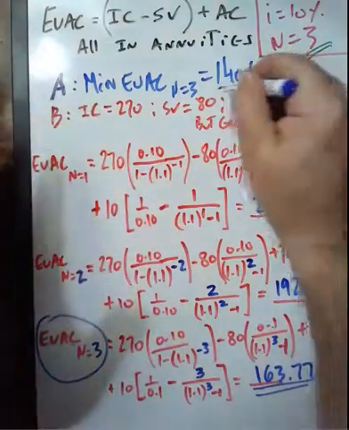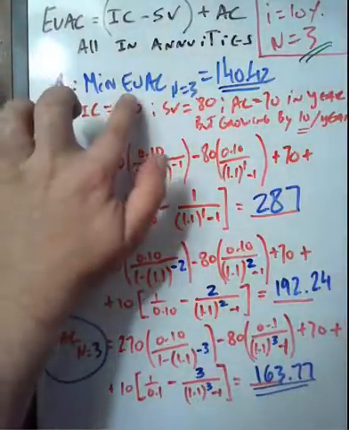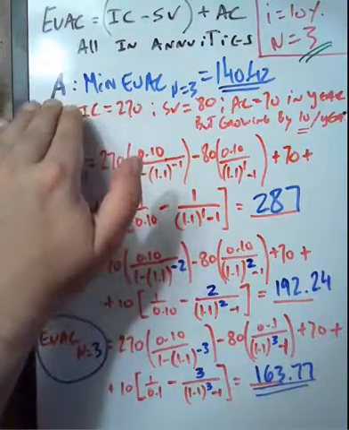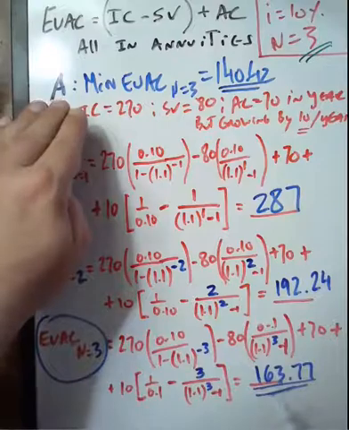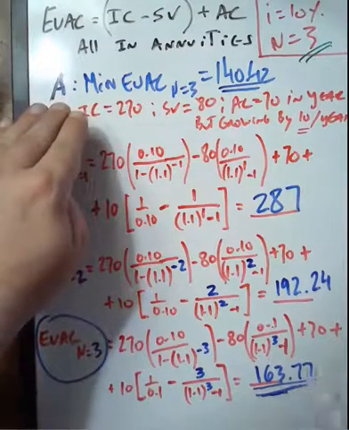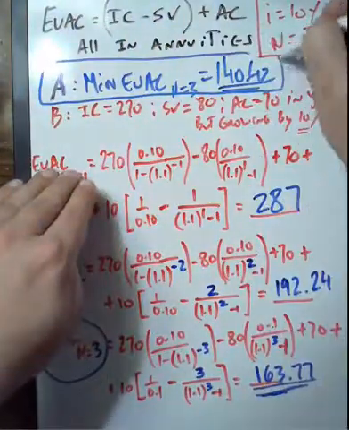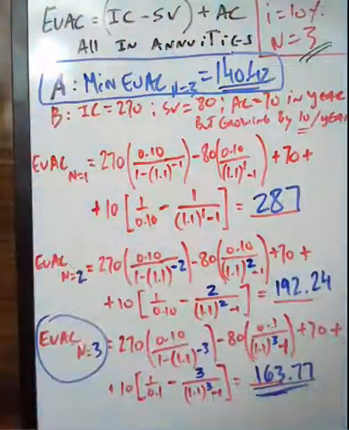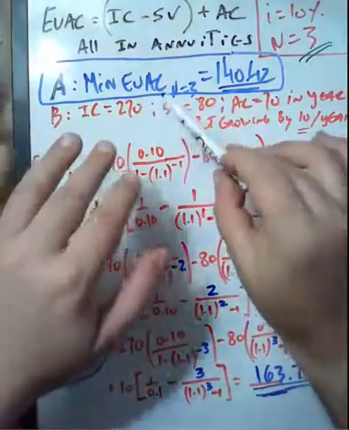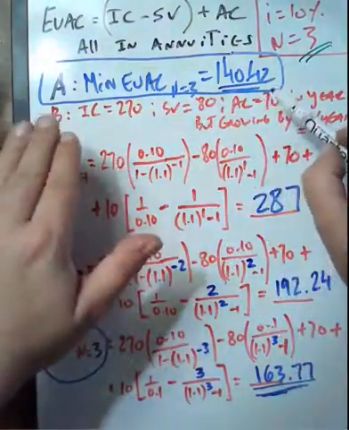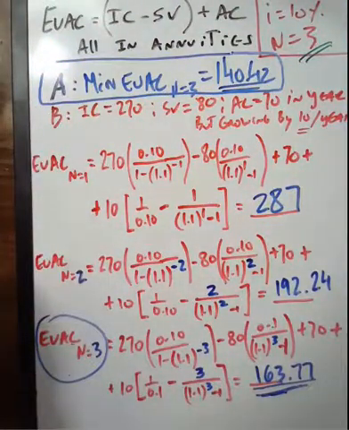And given that the equivalent uniform annual cost is lowest when we're talking about machine A, because the lowest it gets for B is 163, our conclusion would be go with machine A and keep it for 3 years. That's where your equivalent uniform annual costs are minimized. That's the global minimum across all options in this scenario.